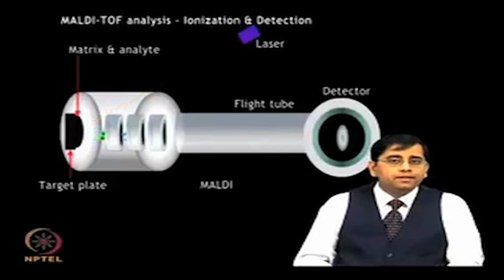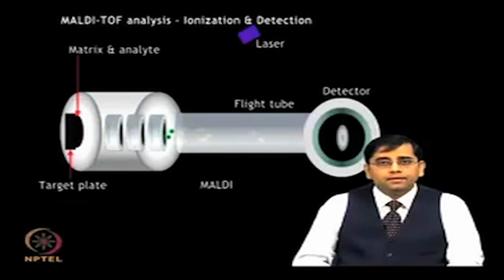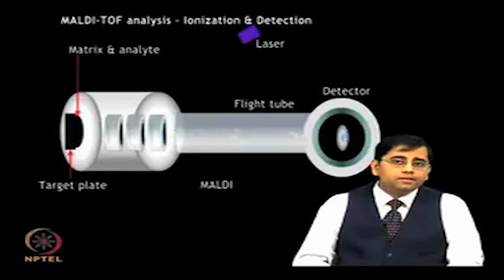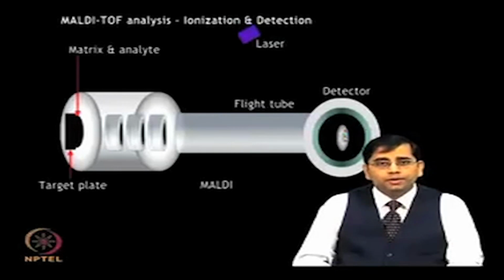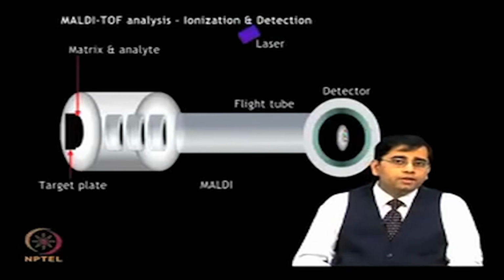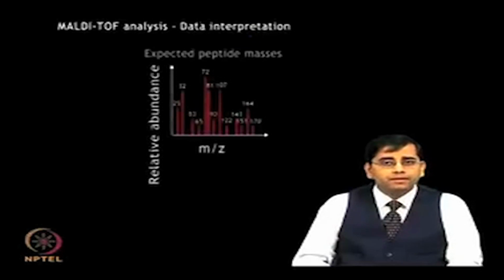These ions are accelerated and travel through the flight tube at different rates. The lighter ions move rapidly and reach the detector first, while the heavier ions migrate slowly. The ions are resolved and detected on the basis of their m/z ratio and a mass spectrum is generated.